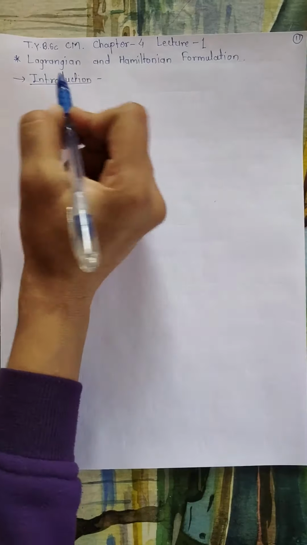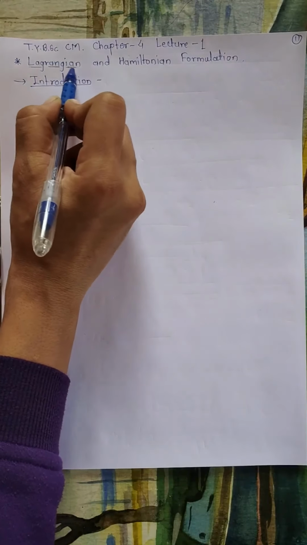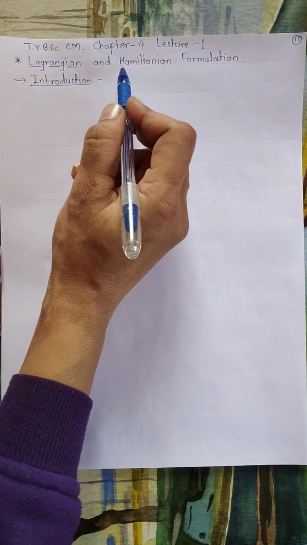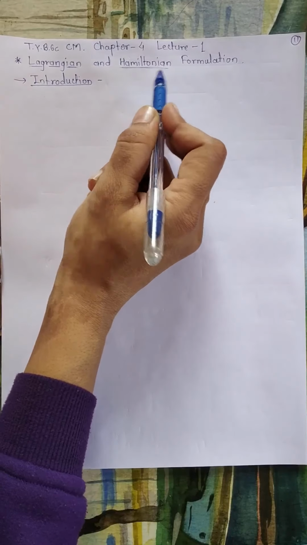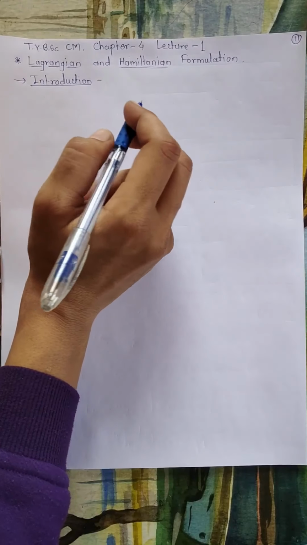So in order to simplify, an alternate procedure is required in which equations of motion are used without any reference to coordinate systems. It will be convenient, without reference to any coordinate system, to study the equations of motion. This alternative method is nothing but the Lagrangian formulation, and sometimes we use the Hamiltonian formulation depending on the requirements.